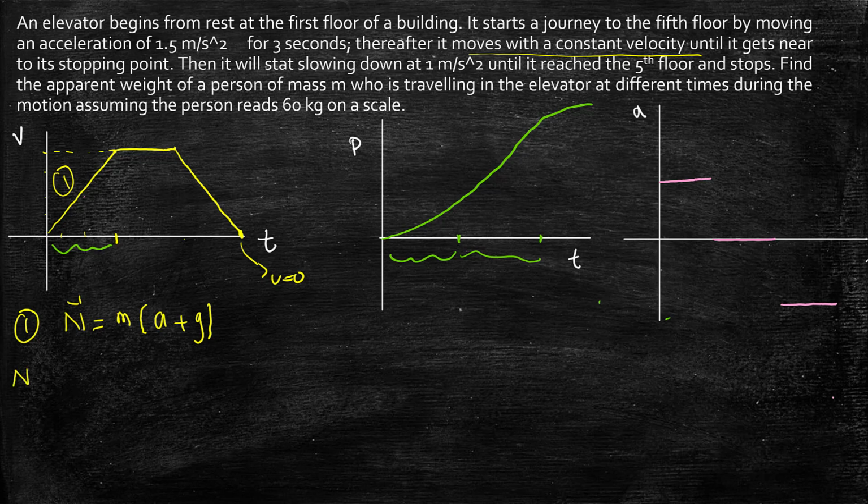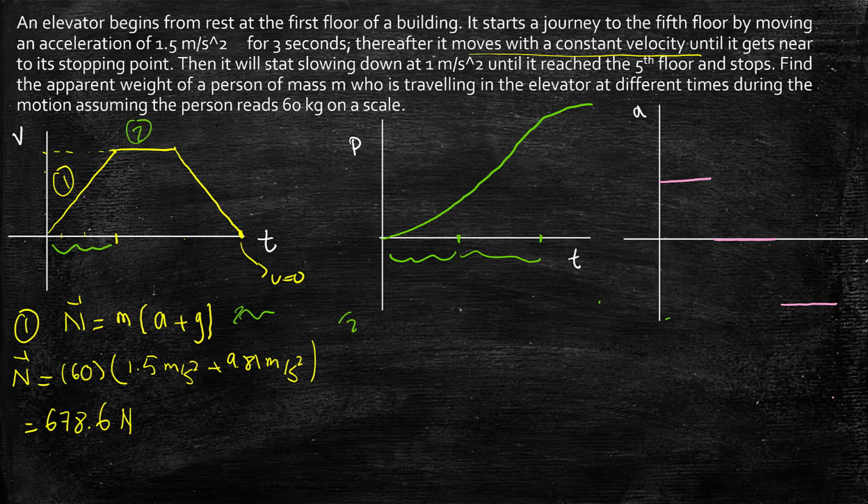My apparent weight is equal to 60 kilograms times a, which is 1.5 meters per second squared, plus 9.81 meters per second squared. Putting that all into my calculator, I get 678.6 newtons.